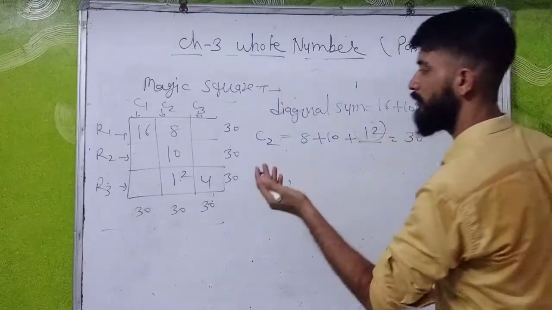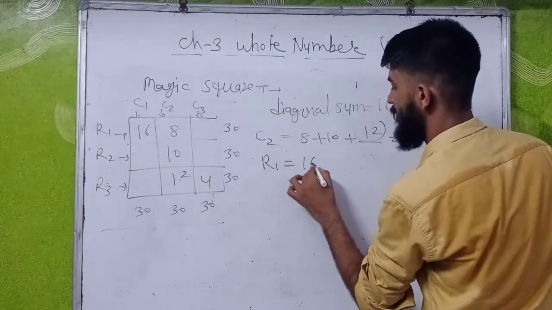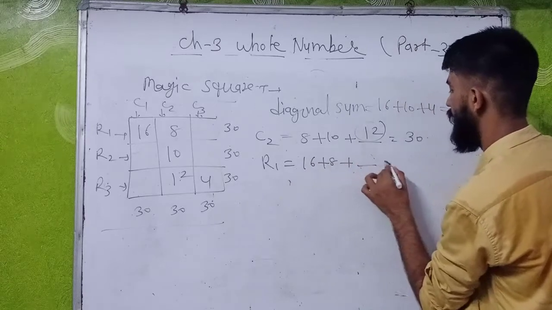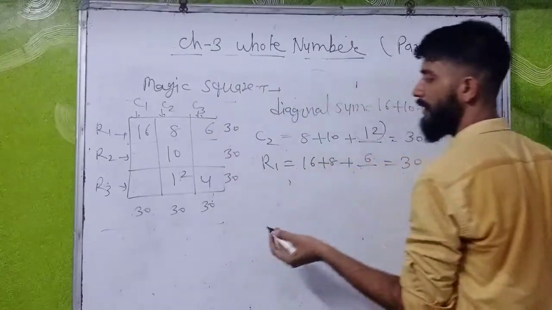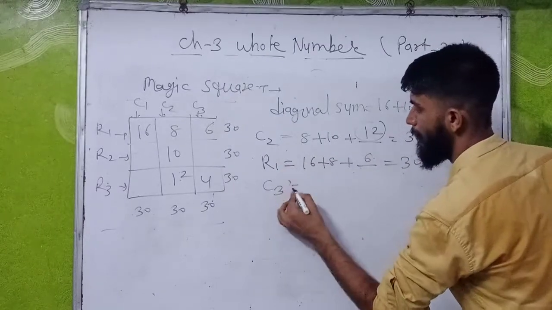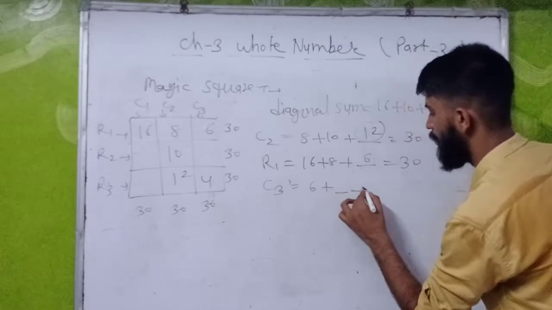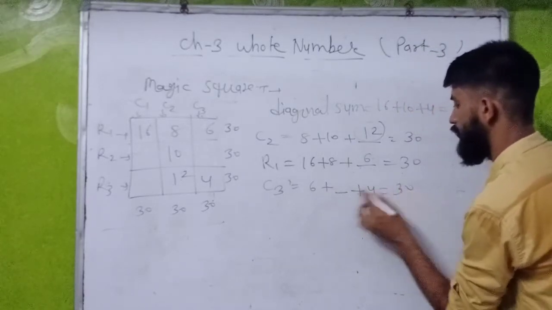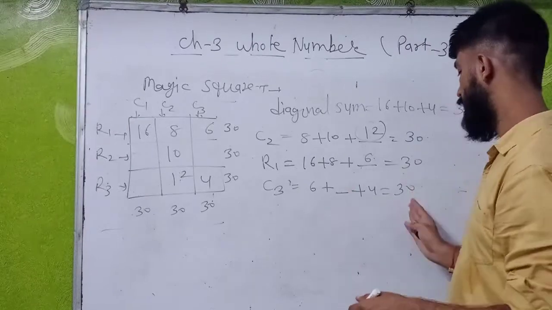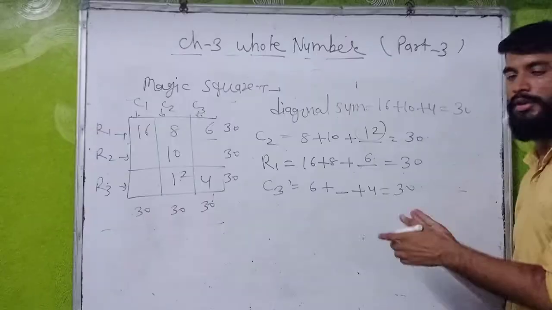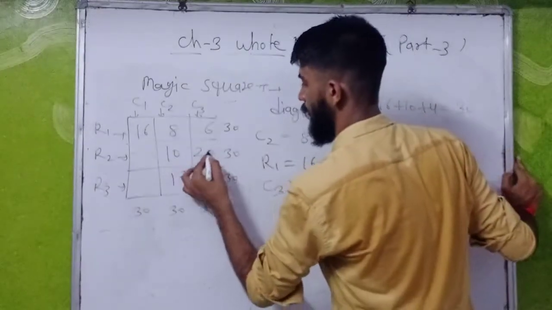Now we can take R1. 16 plus 8 plus blank equals 30, so this is 6. Clear? Now C3: 6 plus blank plus 4. 6 plus 4 is 10, and the number added to 10 to make 30 is obviously 20.